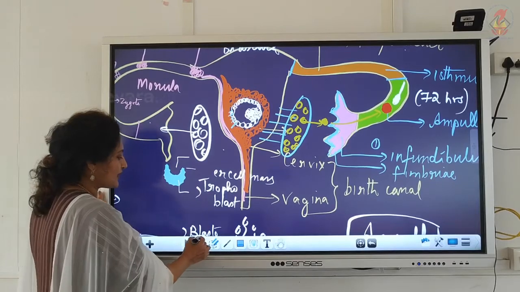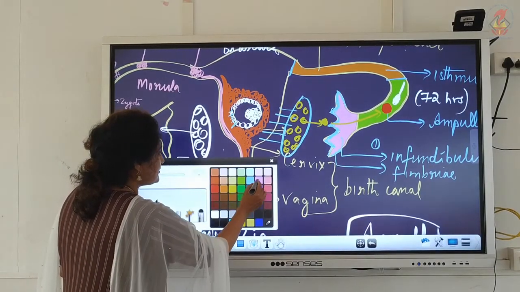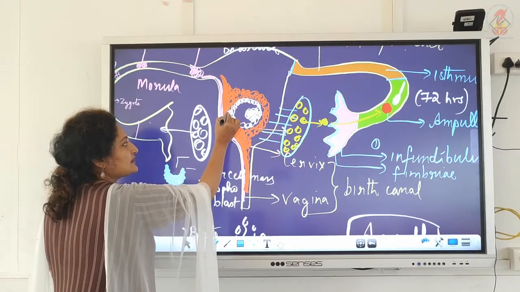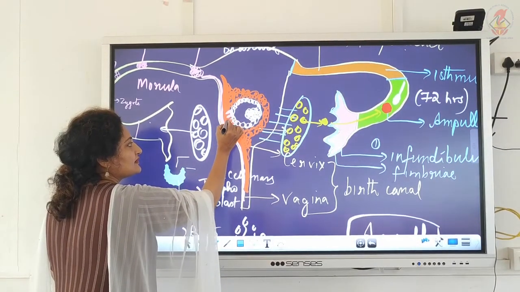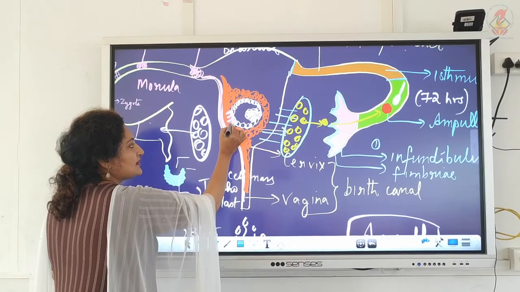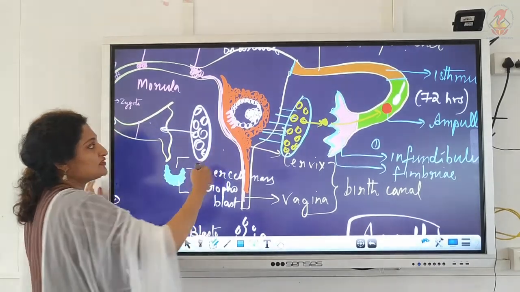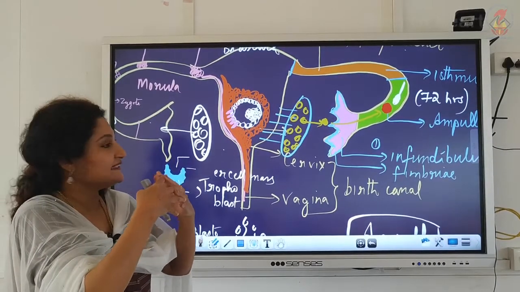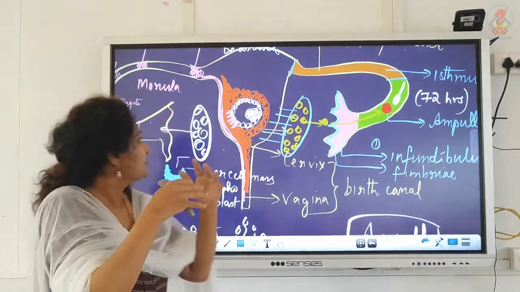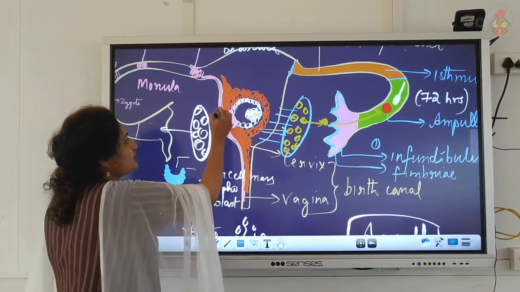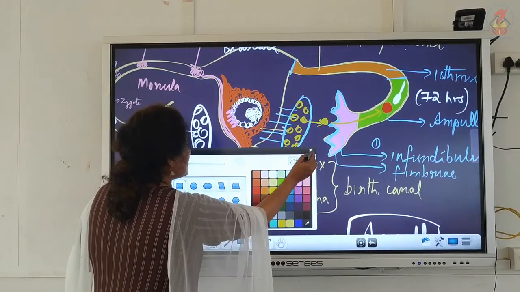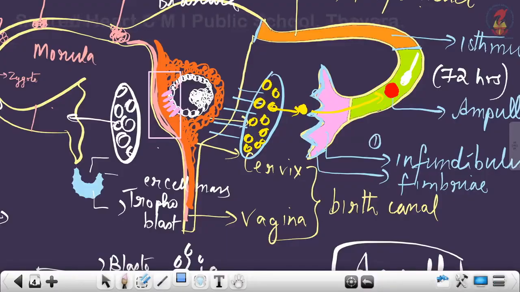Now slowly, from the trophoblast, finger-like projections arise. These finger-like projections penetrate down into the uterine endometrium and get interdigitated in the uterine endometrium to form a very important structure, as we all know, known as the placenta.